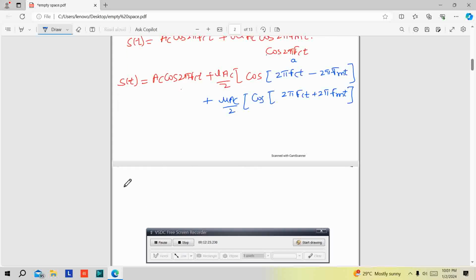Now s of t is equal to AC cos of 2 pi fct plus mu AC by 2, correct?